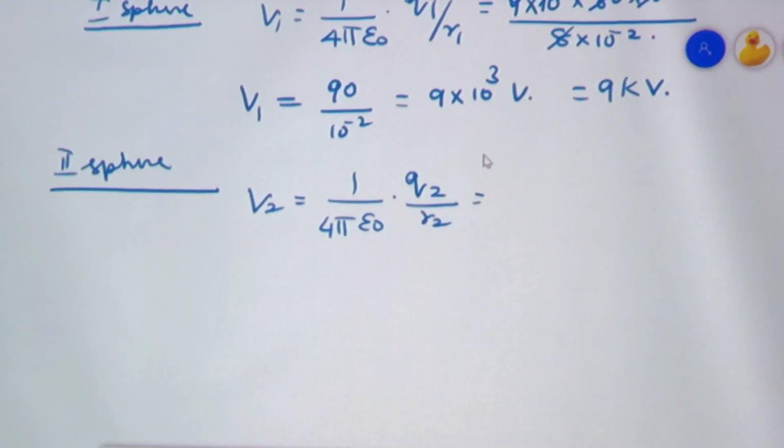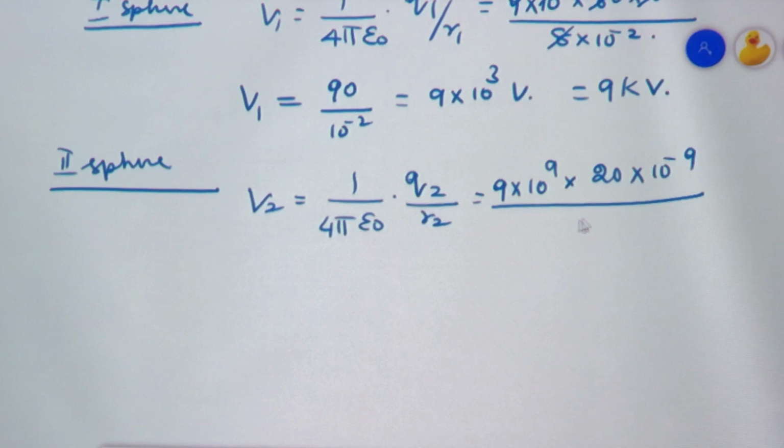Substituting, I can write 9 into 10 to the power of 9, multiplied by Q2, which is 20 into 10 to the power of minus 9, divided by R2, which is 2 into 10 to the power of minus 2.